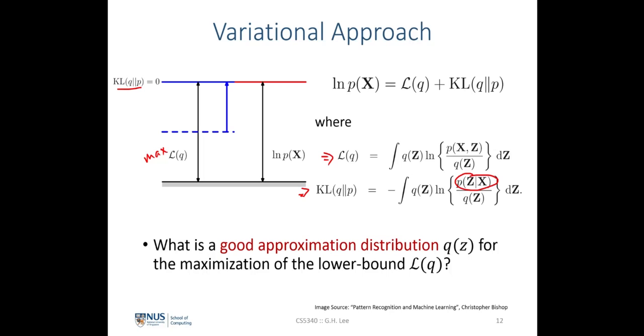But if we change to the lower bound, instead of minimizing over the KL divergence term, we are maximizing over the lower bound, which is equivalent as proven by this particular diagram over here.